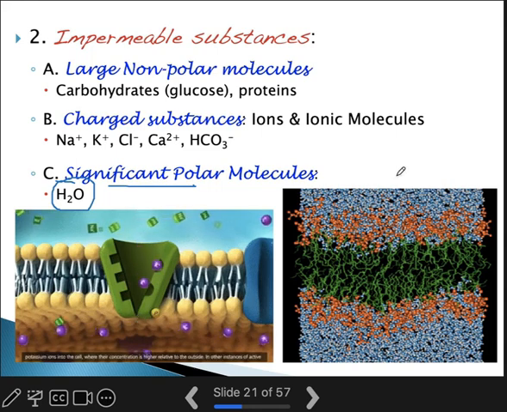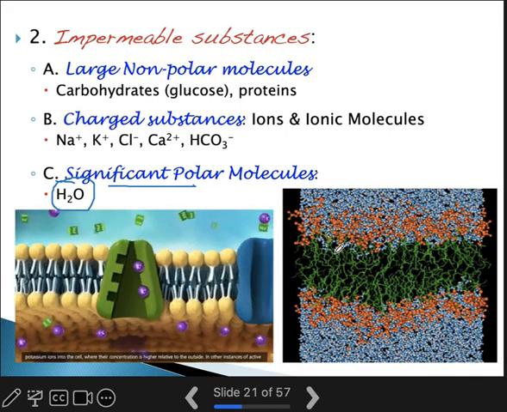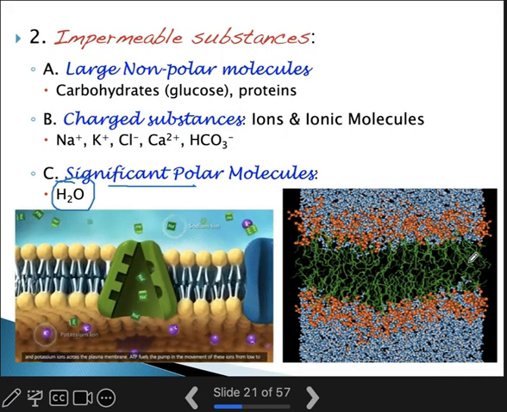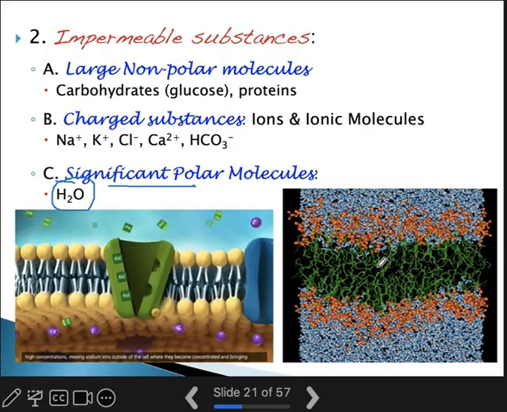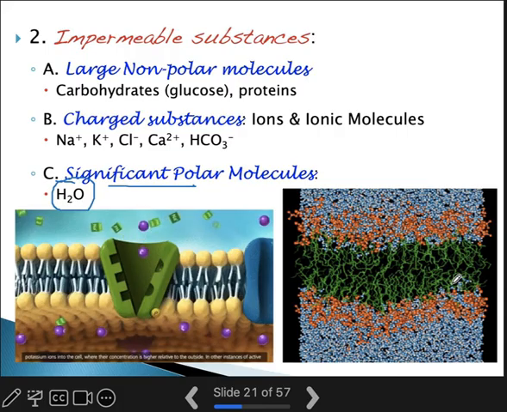This is a really great animation where we're looking at basically the phospholipid bilayer. In green, these are the hydrophobic hydrocarbon tails of the phospholipids. So these are all the fatty acid chains. The red circles represent phosphate. So this is where the phosphate head groups of the phospholipids are. And the little blue spheres represent water.